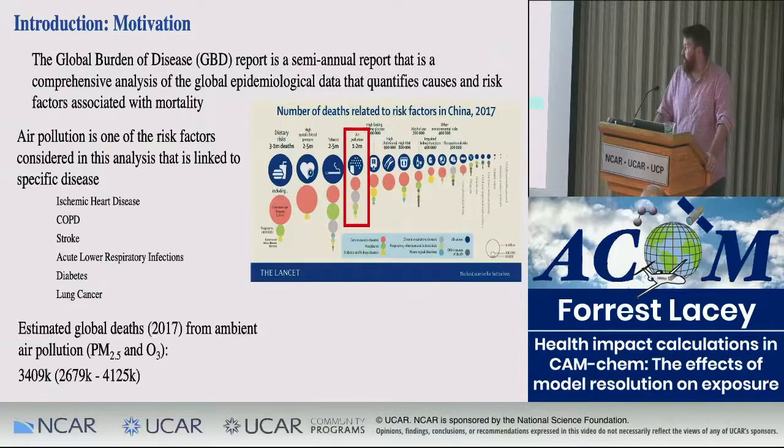And the current estimate for 2017 of deaths from ambient air pollution, specifically from PM2.5 and ozone, is around 3.4 million annual deaths. So like I said, this is not an insignificant number. This is a very large number, and this is a lot of the motivation as to why we want to link our air quality models to the health community, to better understand this number of disease outcomes.